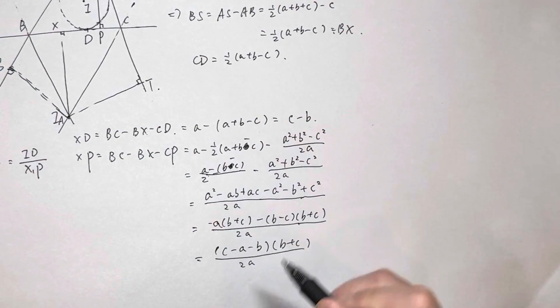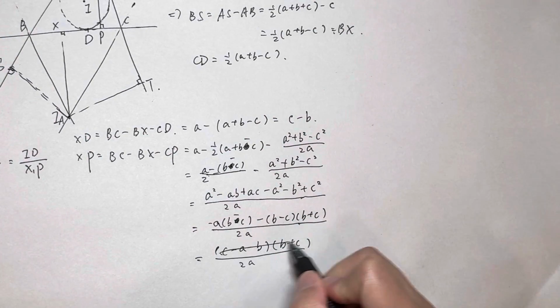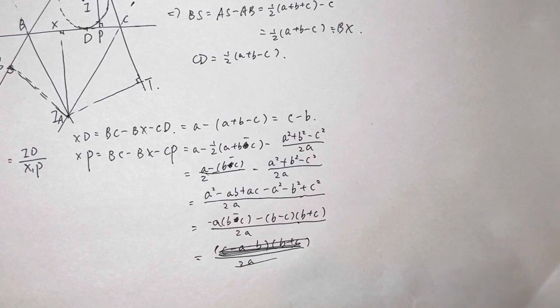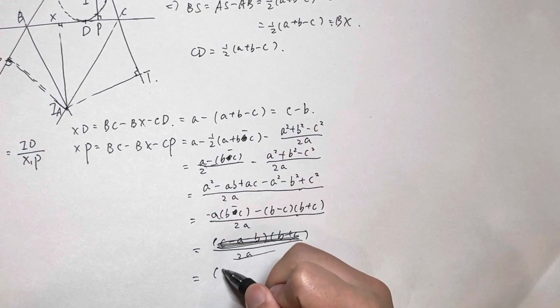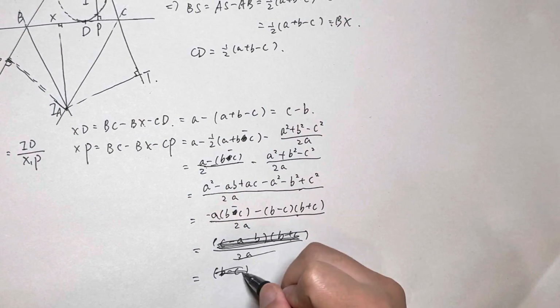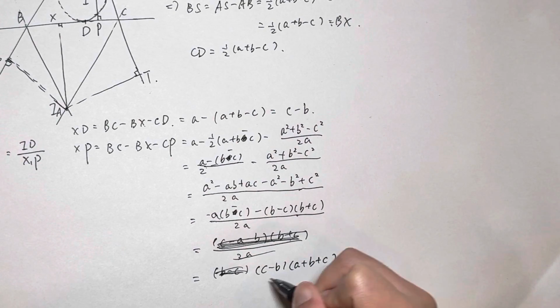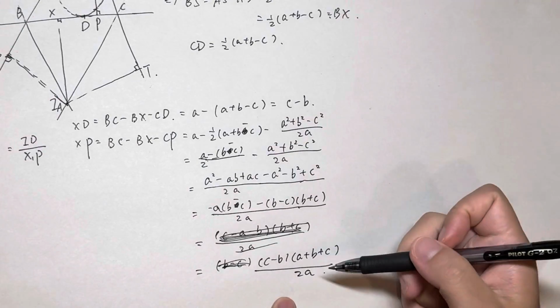And this would be plus c. This would be b minus c. So let's move b minus c out. And so c minus b, a plus b plus c divided by 2a. That's the length of XP.